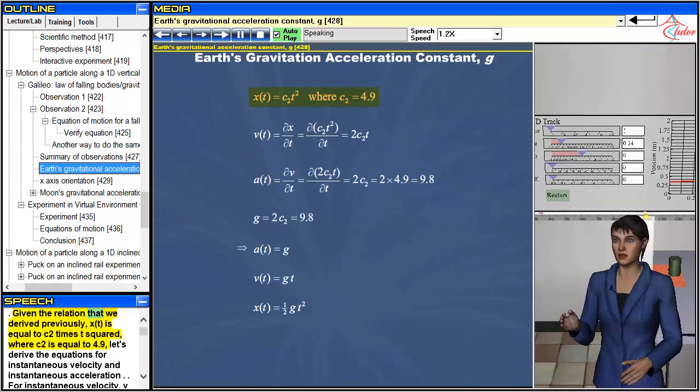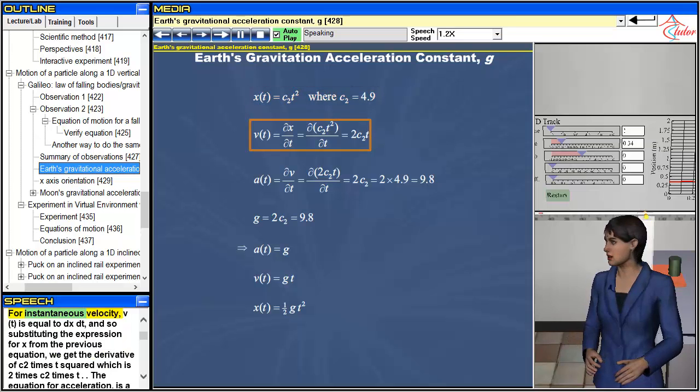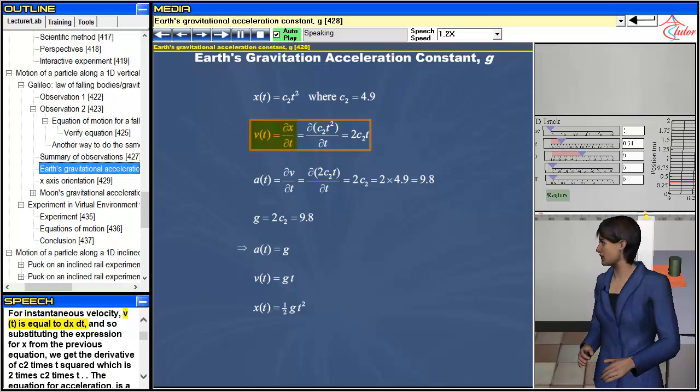Given the relation that we derived previously, x of t is equal to c2 times t squared, where c2 is equal to 4.9. Let's derive the equations for instantaneous velocity and instantaneous acceleration. For instantaneous velocity, v of t is equal to dx/dt.